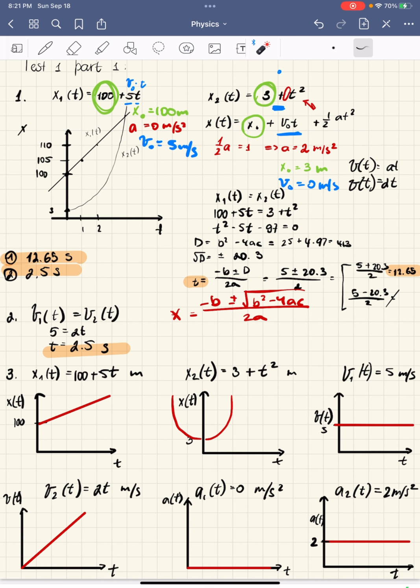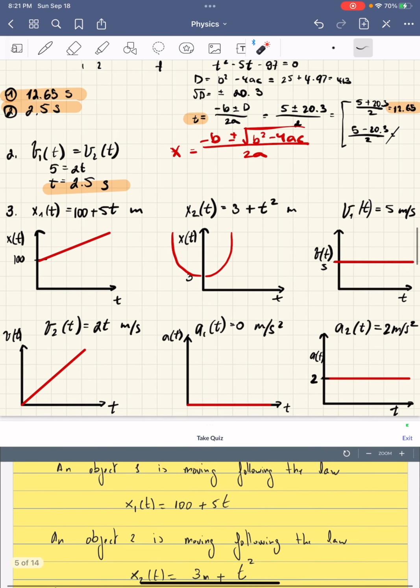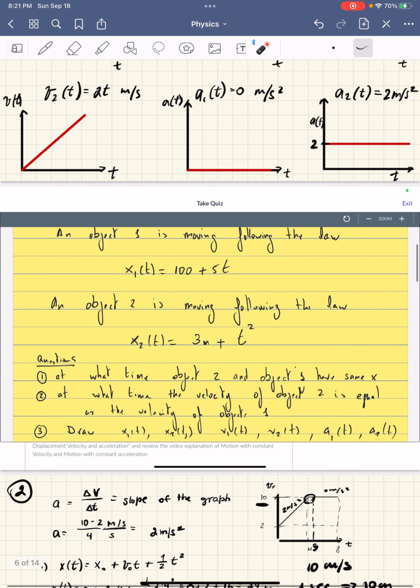Since we know that velocity is equal to acceleration times time, we just plug it in here. And solving for t, we get t equals 2.5 seconds. So at 2.5 seconds, these 2 objects will have the same velocity.